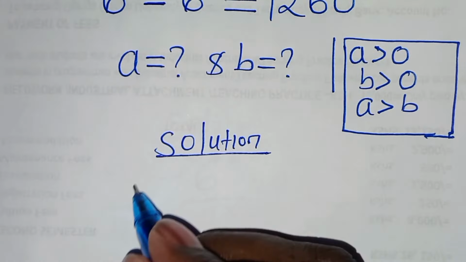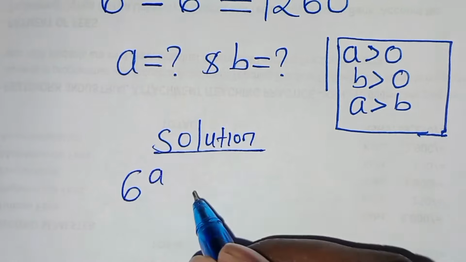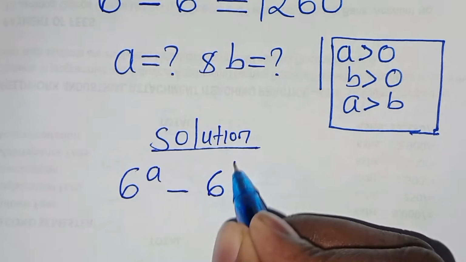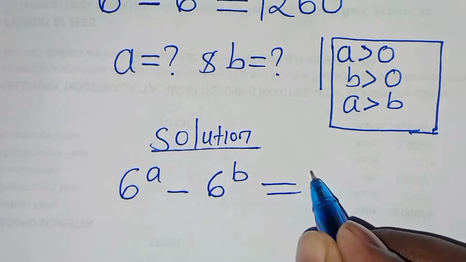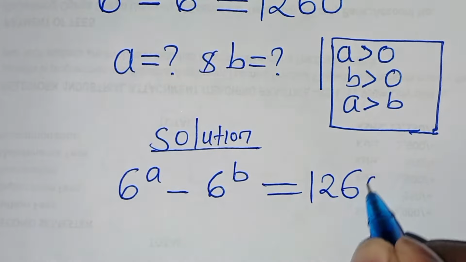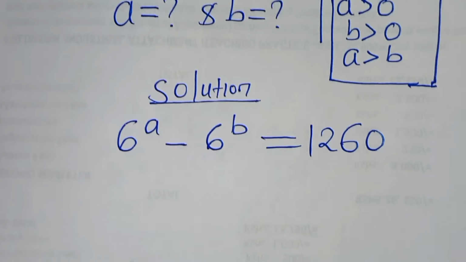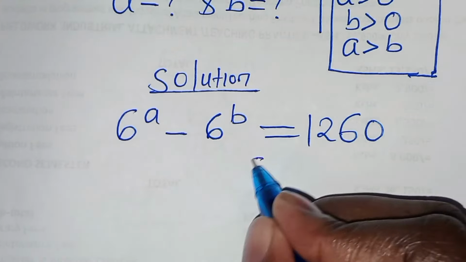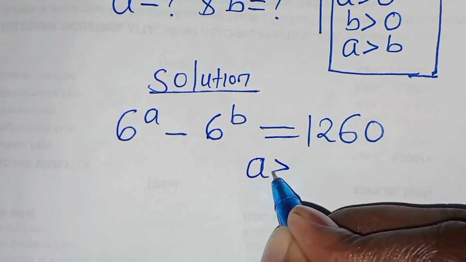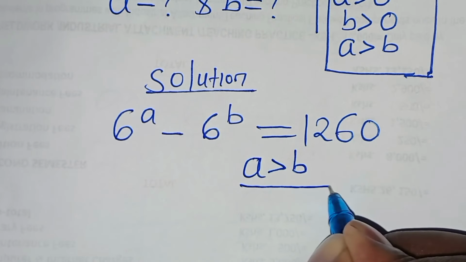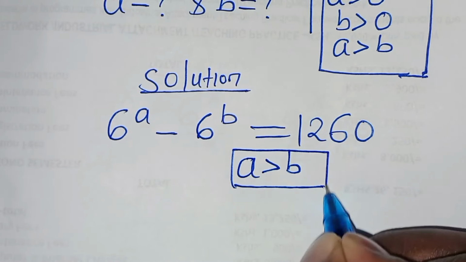So now we have 6 to the power of a, subtract 6 to the power of b, equal to 1260. What you need to note here is that a is greater than b.